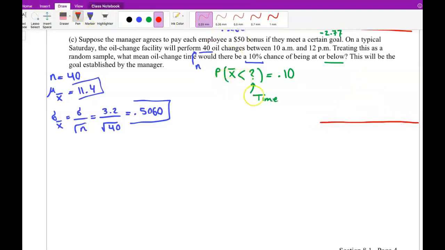So here the probability is equal to 10%, and we need to find the x bar.